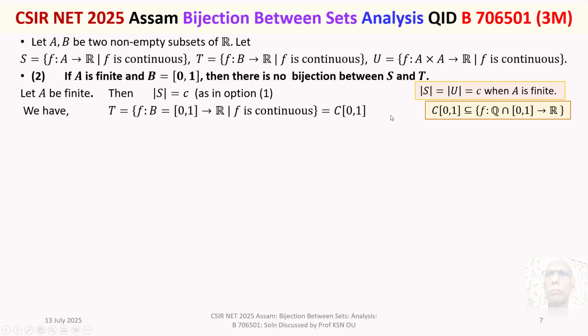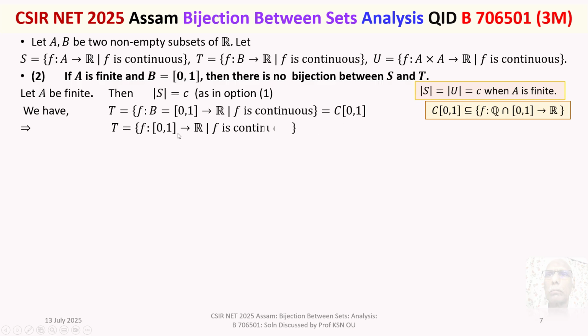So what do we have? C[0,1] is contained in the set of all real valued functions defined on the rational numbers in the interval 0 to 1, that is, functions from Q intersection [0,1] to R. C[0,1] is embedded in this. This is the result I am going to use.